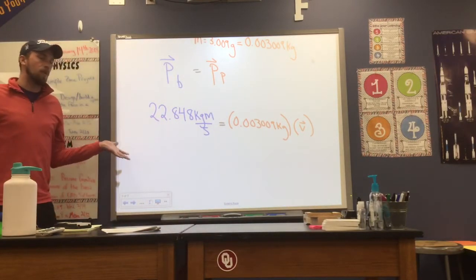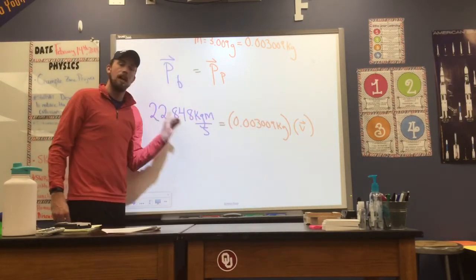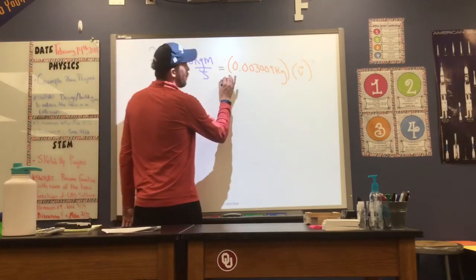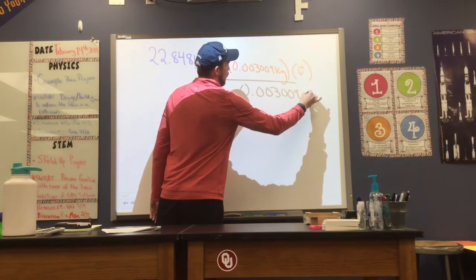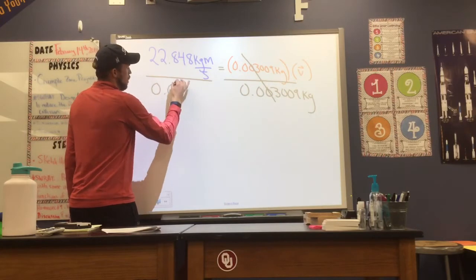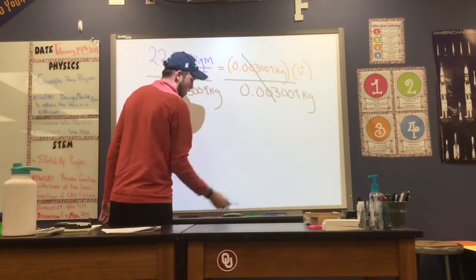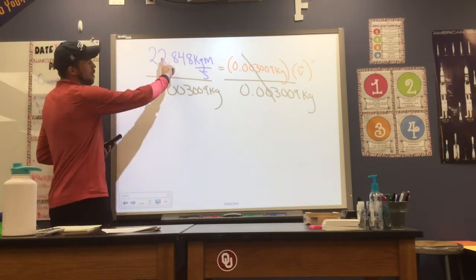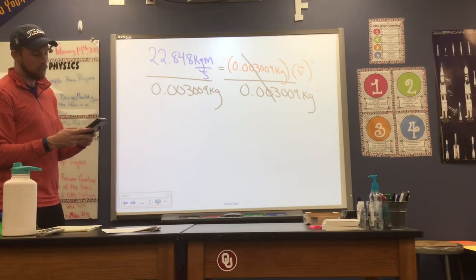Now, algebraically, in order to get this velocity term by itself, we need to divide by our mass. I'm going to take that 0.003009 kilograms and divide it on both sides of our equation. On the right-hand side it cancels out because we have that value in the numerator and the denominator. Now I'm going to plug in 22.848 divided by 0.003009.